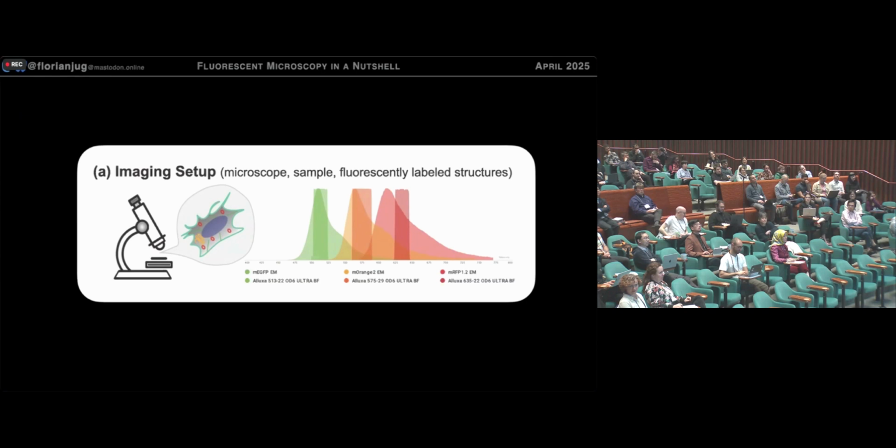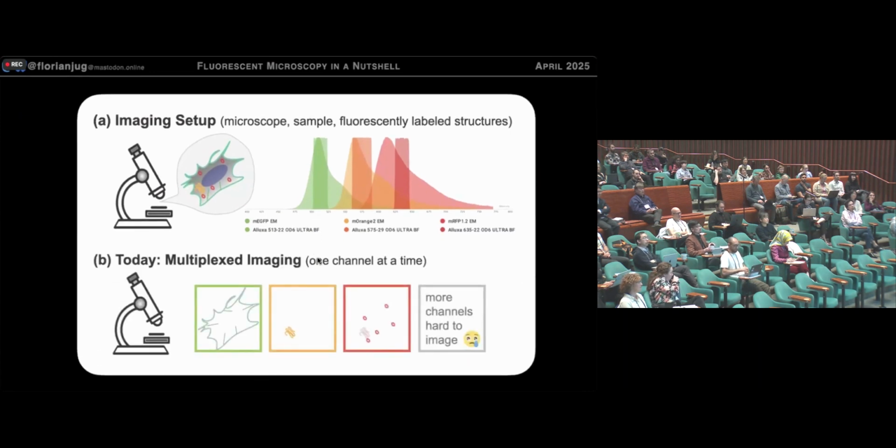If you go to a microscope and you do not fancy microscopy, you just want to get a good fluorescent microscope image from your sample. You label different structures with fluorescent dyes or fluorescent proteins, and then you do multiplex imaging.